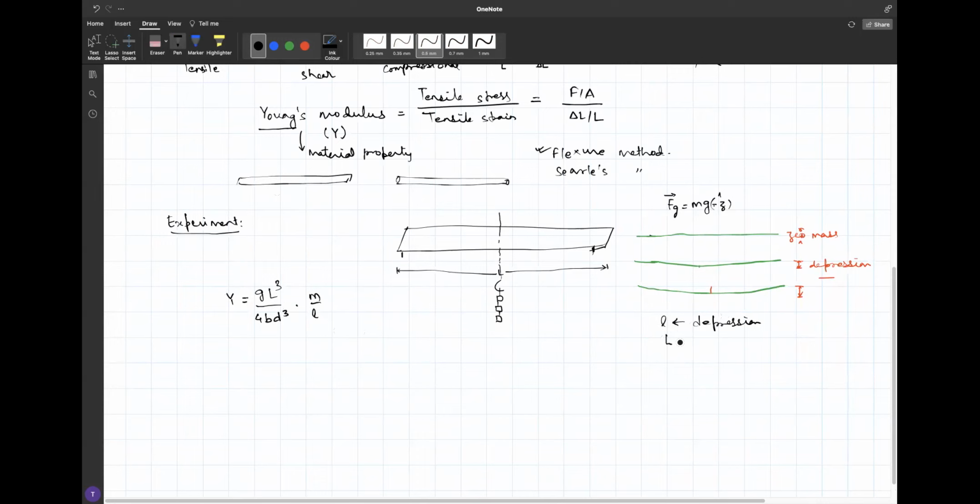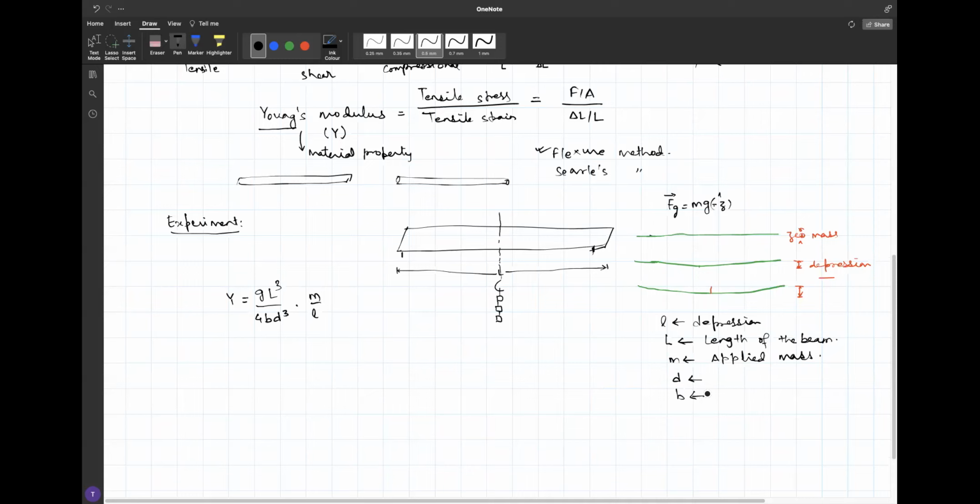Capital L is the length of the bar or the beam. M is the mass that you apply. And d is, there is d and then there is b.